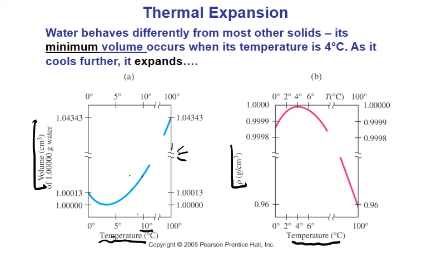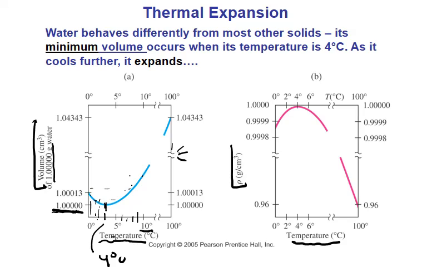But then as you get to 9, 8, 7, 6, that same gram of water that we're dealing with gets smaller volume, smaller volume, smaller volume. But then if you look here at 4 degrees, it's the smallest volume you can have. And then once you get to 3 degrees, 2 degrees, 1 degree, the volume starts to get bigger.